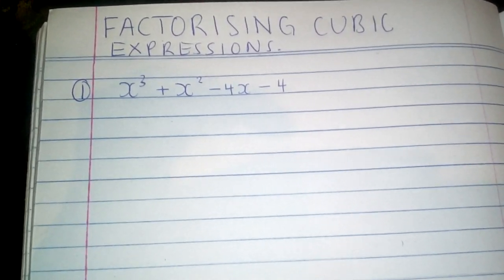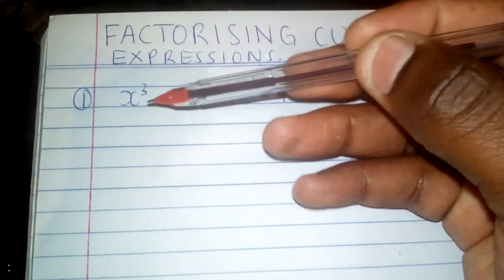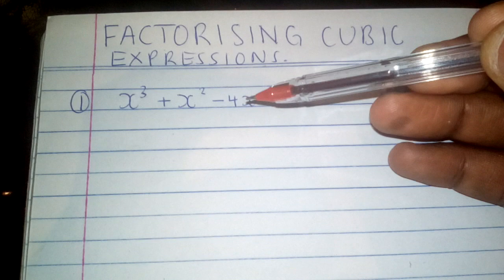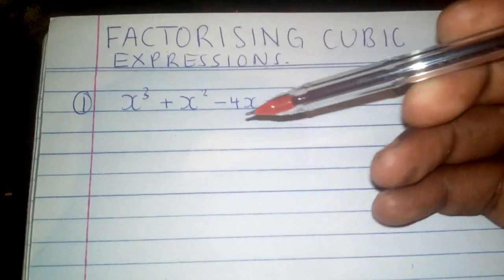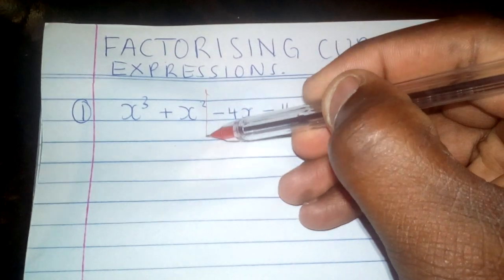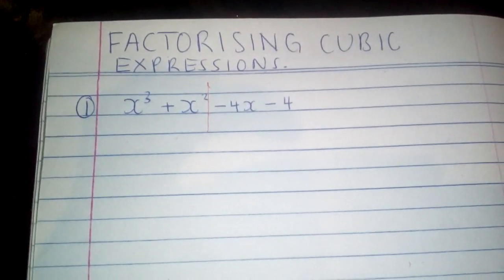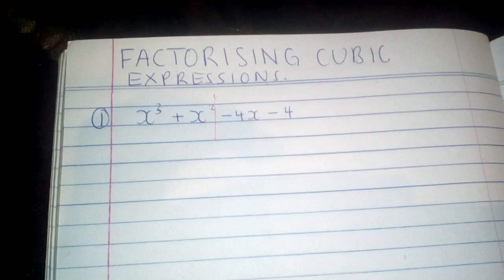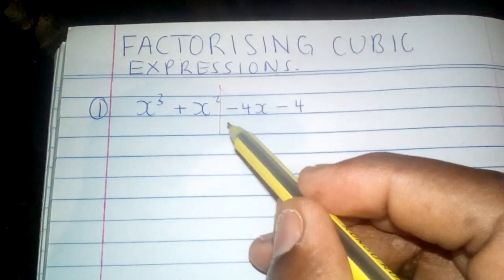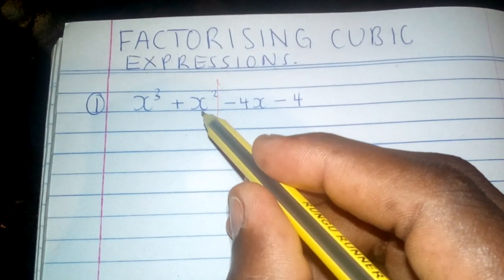Now let's group. We have one part, second part, third part, and fourth part. So you can see here we can group the two parts, then we can factorize this part alone and that part alone by taking out the common factor.